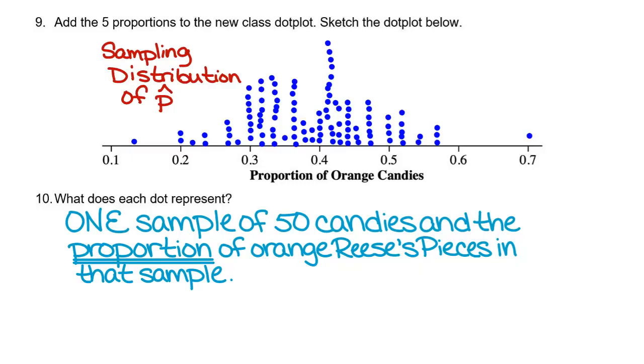How do you think we should find the new standard deviation? What do you think we could do to find the standard deviation for this? Divide that by 50. So I would like you guys to calculate the new mean and the new standard deviation down on number 11.